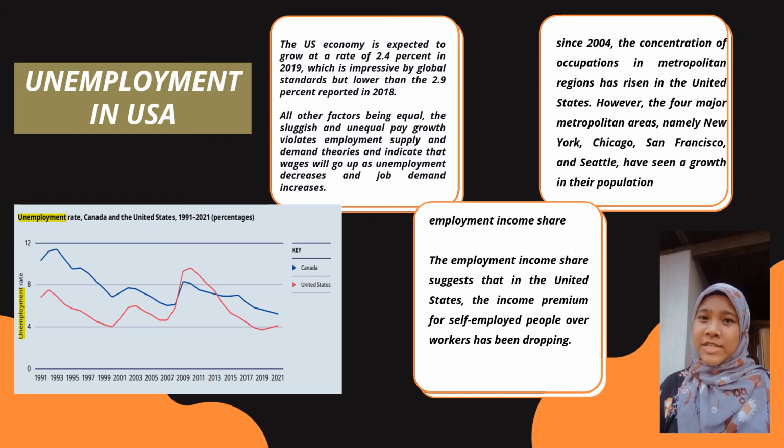All other factors being equal, the sluggish and unequal pay growth violates employment supply and demand theories, which indicate that wages will go up as unemployment decreases and job demand increases. Other factors might be at play, such as lower wage pricing, a polarized shift in employment arrangements, and discrimination.